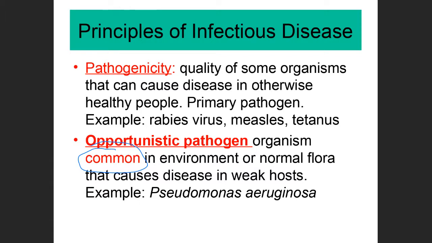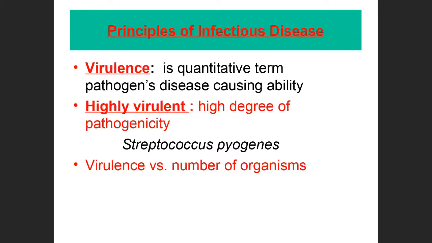On the other hand, E. coli is incredibly common. We're probably exposed to E. coli every single day. Staphylococcus aureus or Staphylococcus epidermidis, both of them can be opportunistic pathogens. They're incredibly common. Pseudomonas aeruginosa, incredibly common. They will cause disease typically in a weak host or when they manage to go in a place where they shouldn't be.